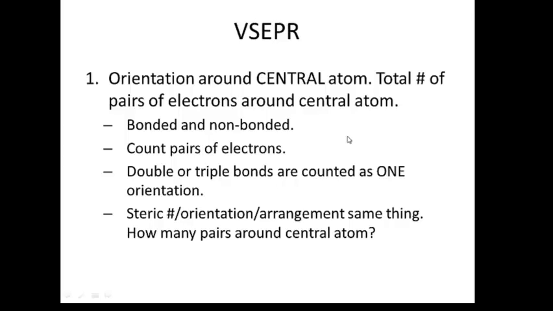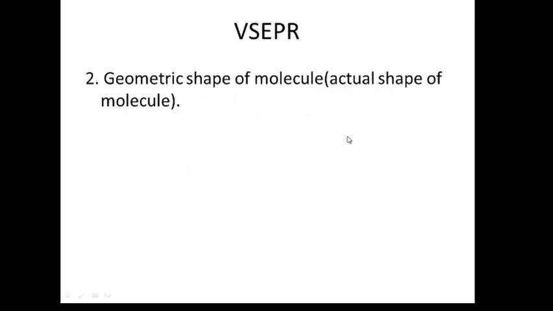How many pairs of electrons are around the central atom? Note the term. It's not asking you how many electrons are around the central atom. It's asking you about the number of pairs of electrons around the central atom. Geometric shape might be different than orientation.